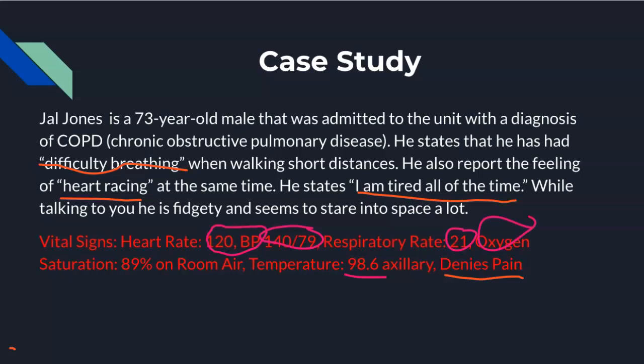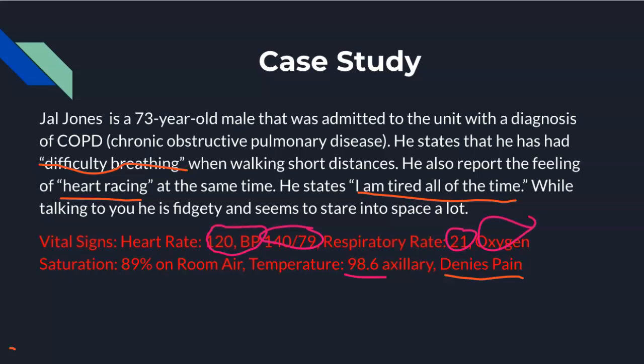Starting now, anytime you have your labs, your simulations, you go to clinical, it's important for you guys to start gathering that data, doing your assessment, and figuring out what is subjective, what is objective.